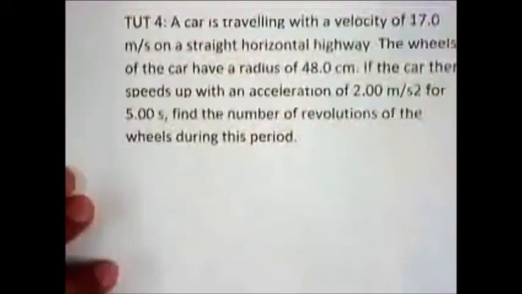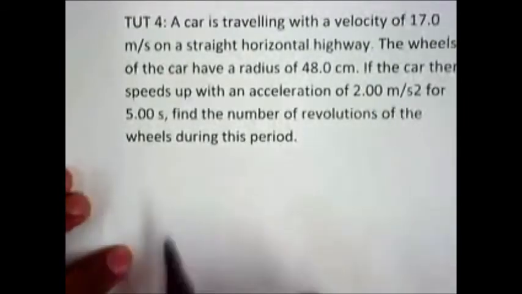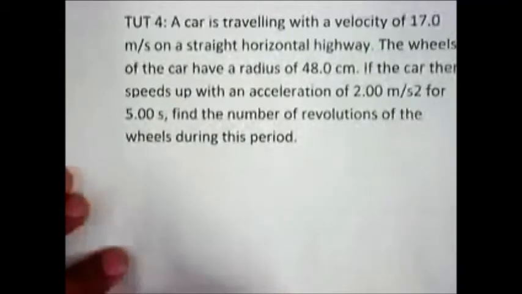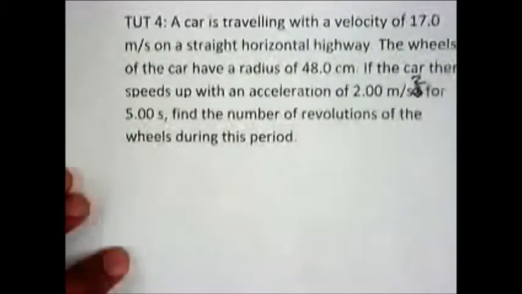Okay, second question is from the tutorial itself. In this one, you'll see that your velocities are given in meters per second. So your linear velocities are given. One way you can solve this is to convert all the linear velocity and linear acceleration to angular velocity and angular acceleration, or you can solve it in linear form, and then convert your final answer to an angular value.